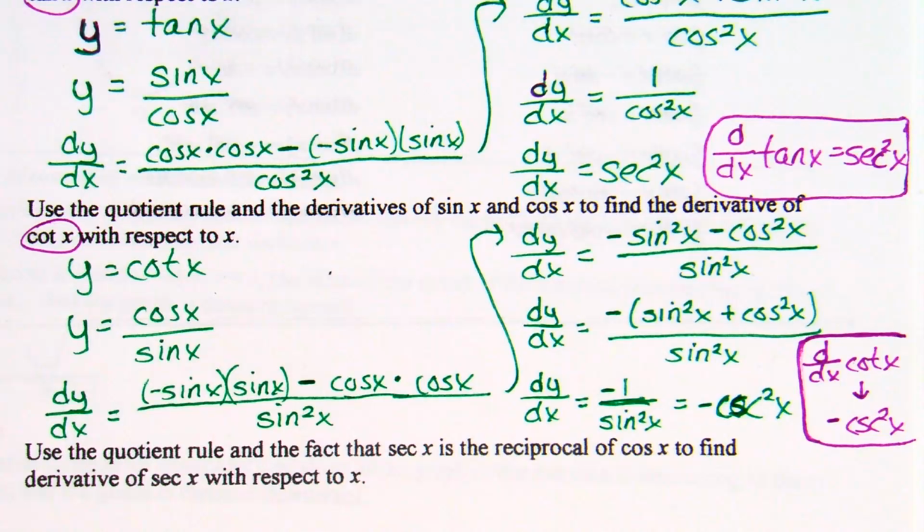This will make more sense once we get through the next two. If you can remember the derivative of tangent is secant squared x, you just kind of have to remember that the derivative of cotangent is the other one with a negative sign thrown on.